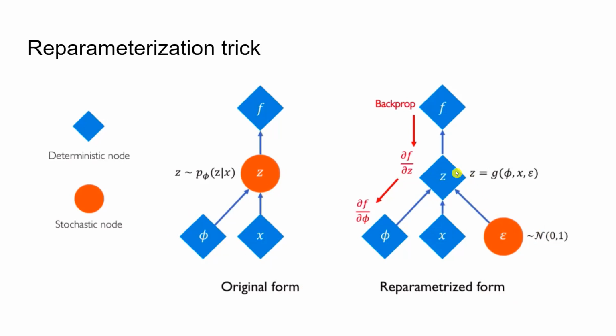This reparameterization is, I think, taught in multivariable calculus. This doesn't really matter. All you need to know is that by reparameterizing it, you push the stochastic node from here, which is blocking the way, to this side onto an epsilon variable. So when you do backpropagation, you can still go through the mean and the standard deviation.